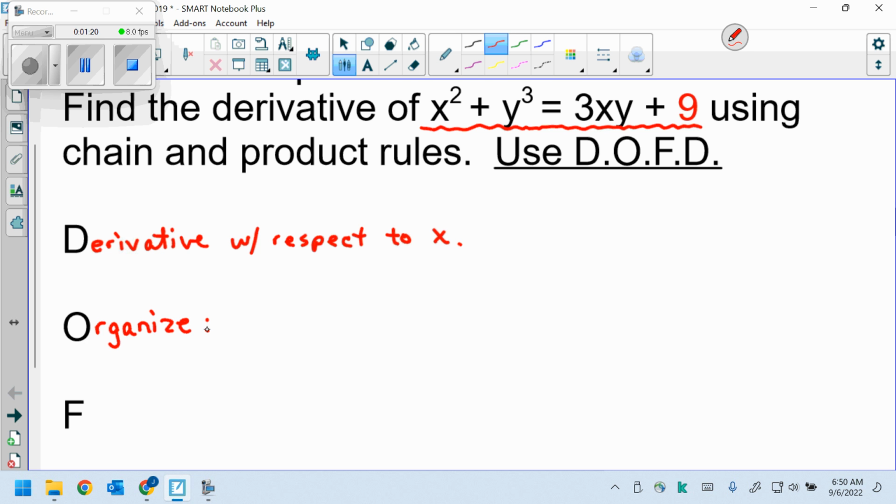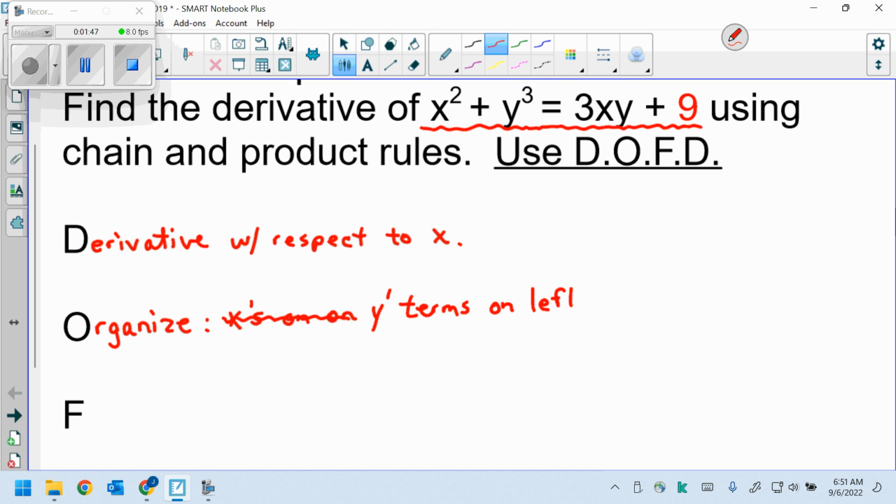And organize means, let's say y primed terms on the left.